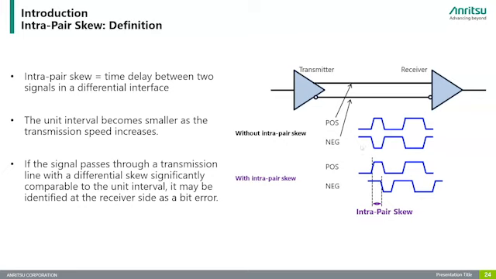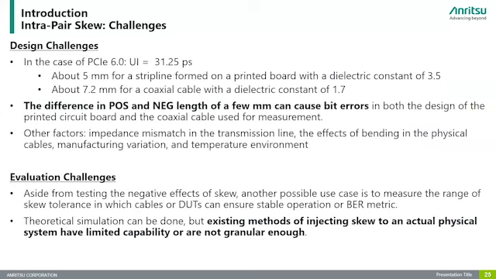Without any intra-pair skew, positive and negative completely phase match. But for some reason, if you have some skew between positive and negative, that's going to be a problem, especially for very high speed transmission like PCI Gen 6, PCI Gen 7, or IEEE 100G, 200G.